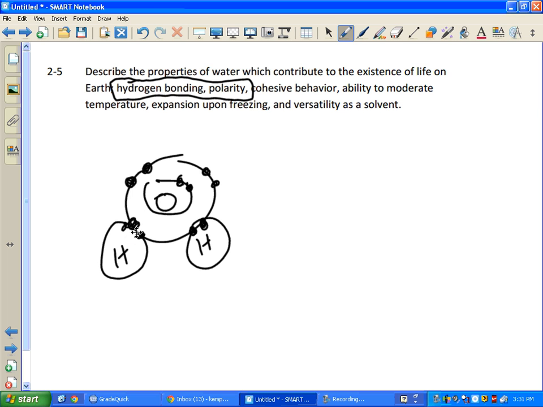This bond right here and this bond are both covalent. They're sharing the electrons, but oxygen holds electrons more often.